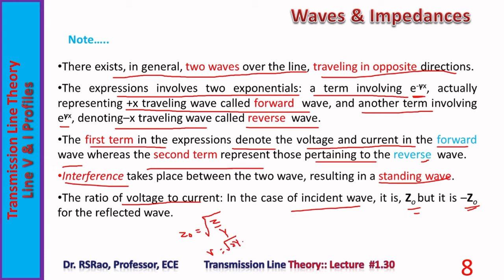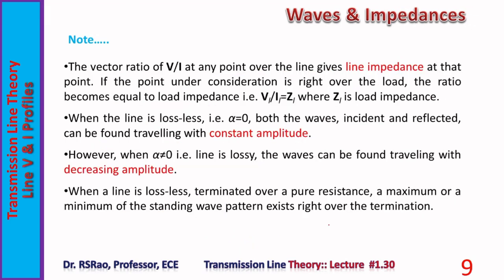If you multiply z with y under square root, it is the propagation constant. If you divide z by y under square root, it is the characteristic impedance of the line. It is plus Z0 in case of the incident wave, forward wave, and minus Z0 in case of the reflected wave.